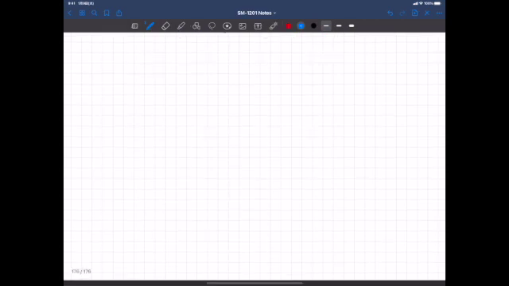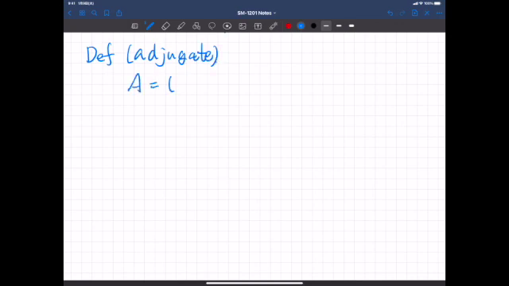Next, we introduce a new notion, the adjugate of a matrix. So here's a definition. Let's say A is a square matrix, n by n.